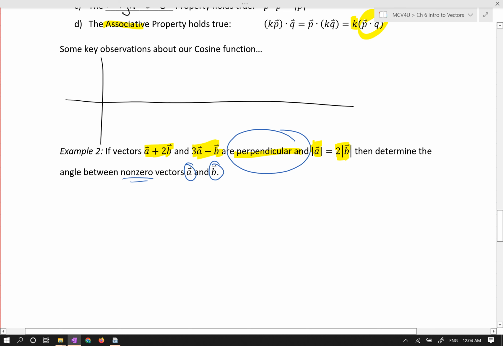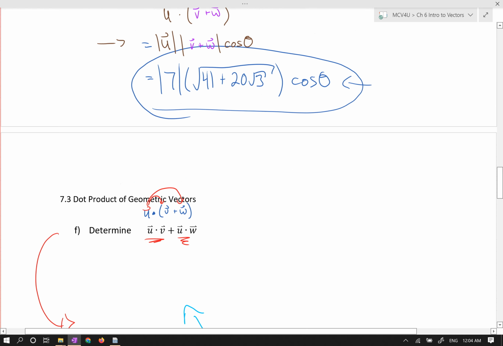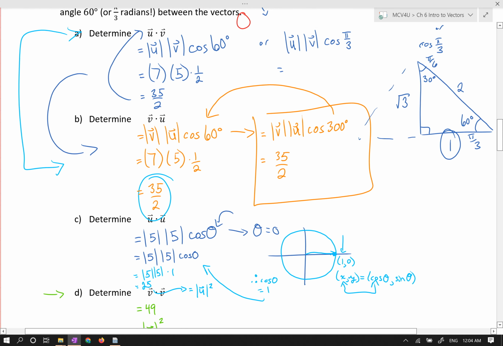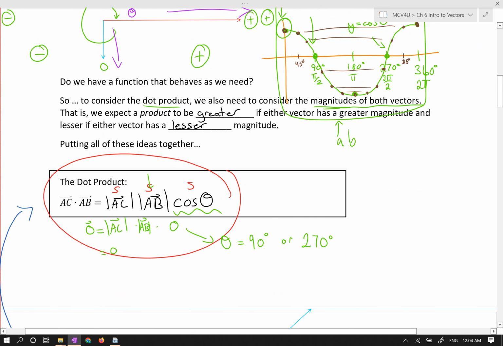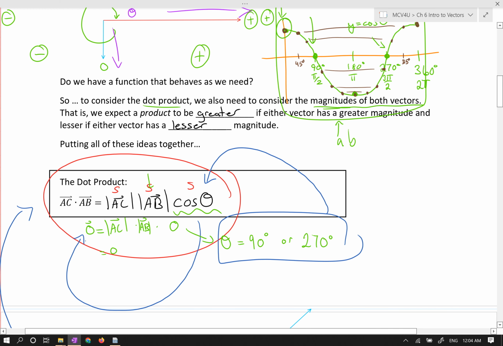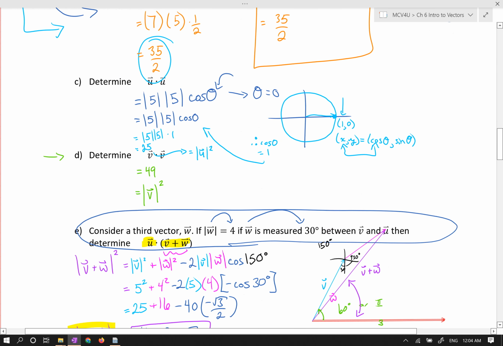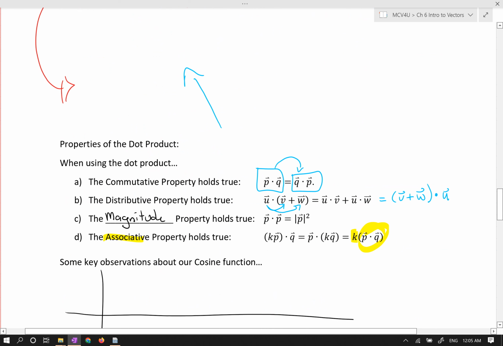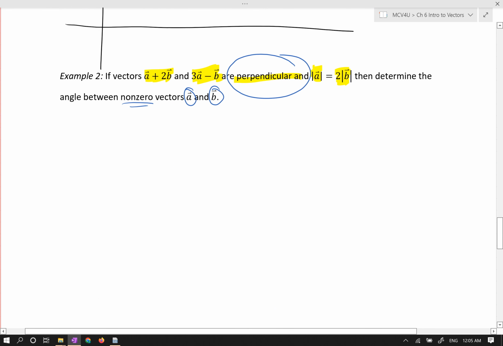All right, if these two vectors are perpendicular, let's keep in mind what that might tell us. Do we remember learning about anything perpendicular in this note already? Right here. If they're perpendicular, then our cosine of theta will be equal to 0. And if our cosine of theta is equal to 0, then our entire dot product will be equal to 0. So what that tells us is that our dot product is equal to 0.